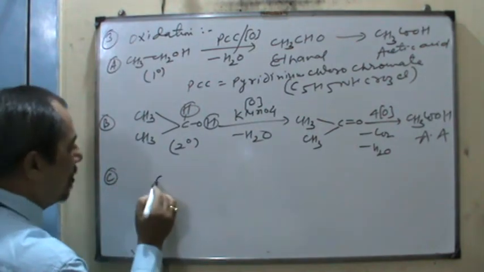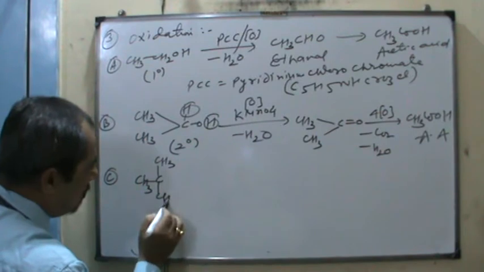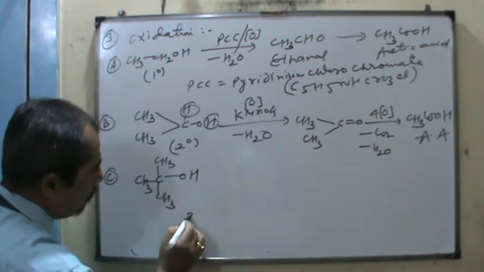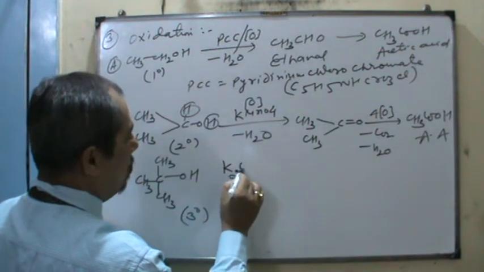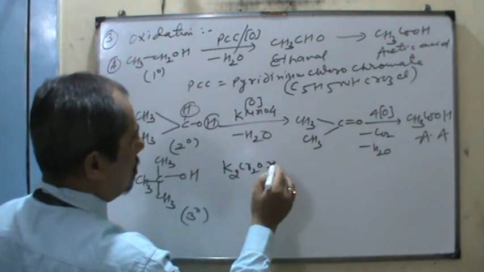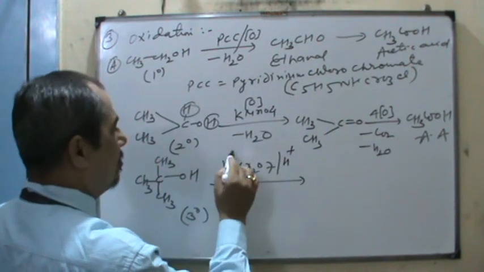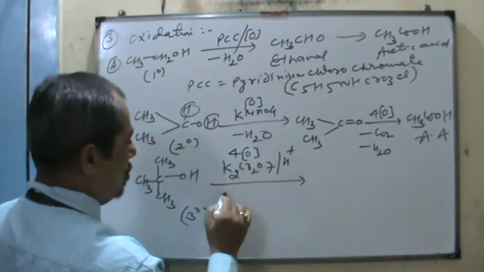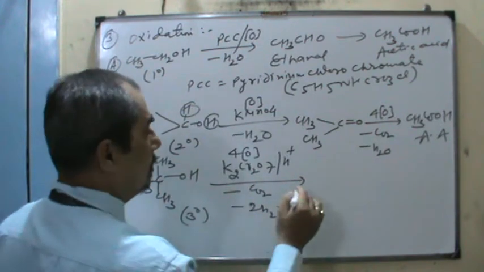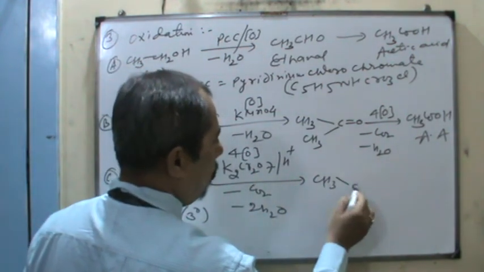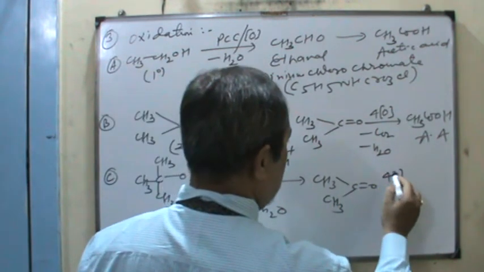Then you come to 3-degree alcohol, CH3 and OH. It is the 3-degree alcohol undergoing K2Cr2O7 in acidic medium. Then you take 4 times oxygen, CO2 minus 2 times water, that forms acetone, and acetone is further oxidized in the above manner.